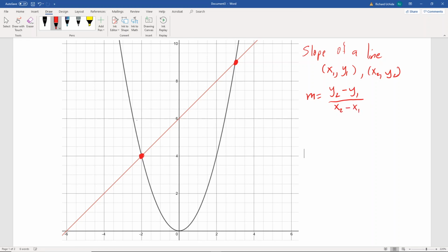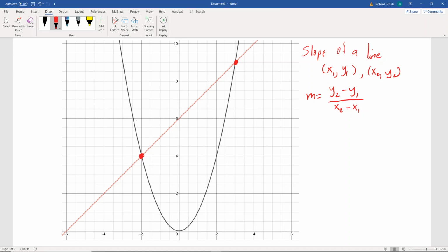Now, one thing to note, some students say y1 minus y2 over x1 minus x2, and that's fine. You get the same answer either way. You just have to be consistent about which value is first in the numerator and denominator.